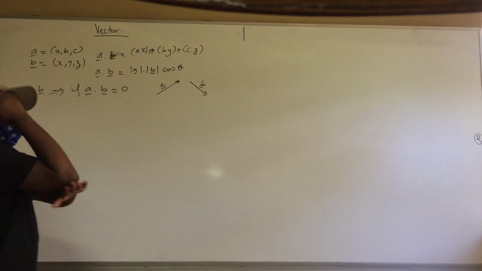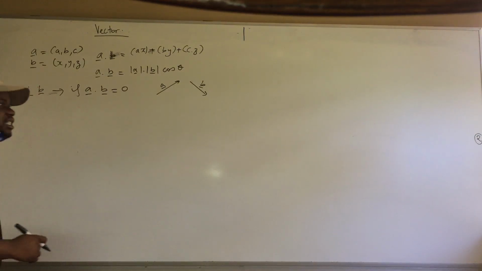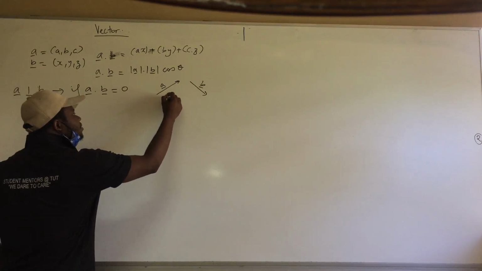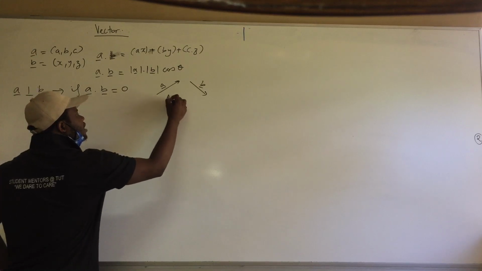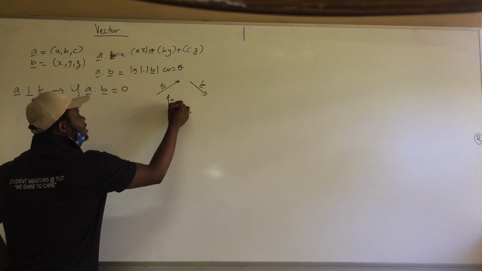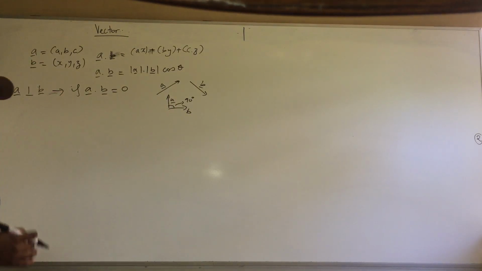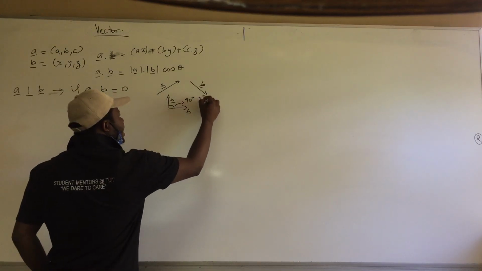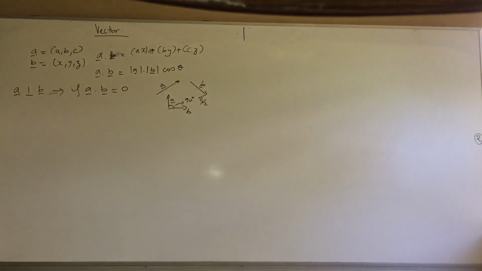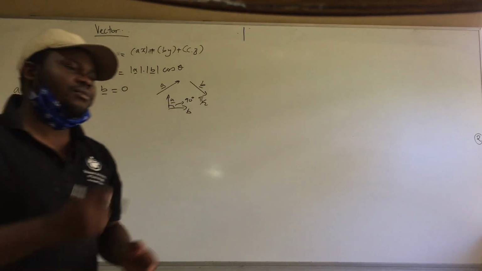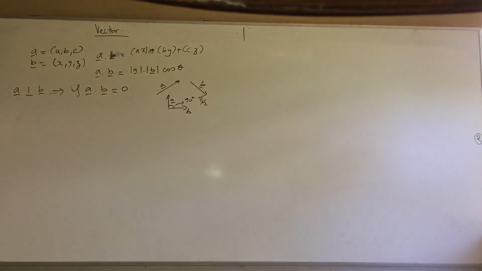These two are perpendicular. Perpendicular means the angle between them is 90 degrees, or pi over 2. So the rule says if you do the dot product of A and B and it gives you 0, it means they are perpendicular to one another.